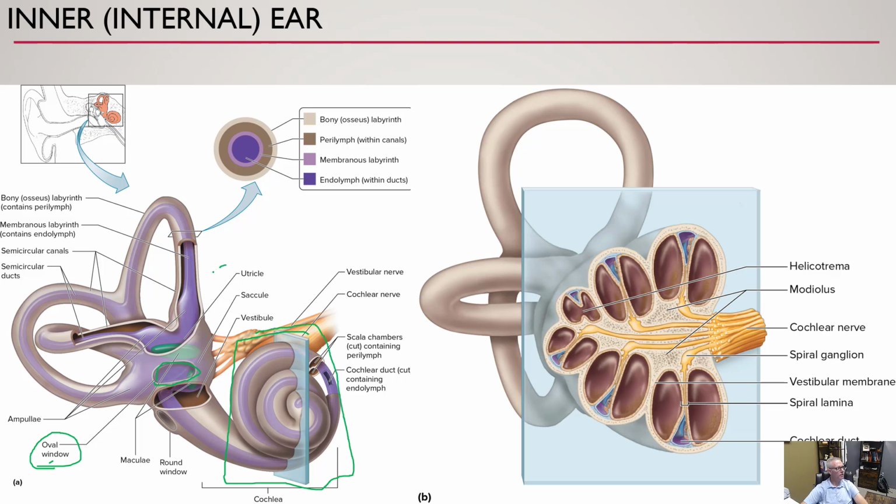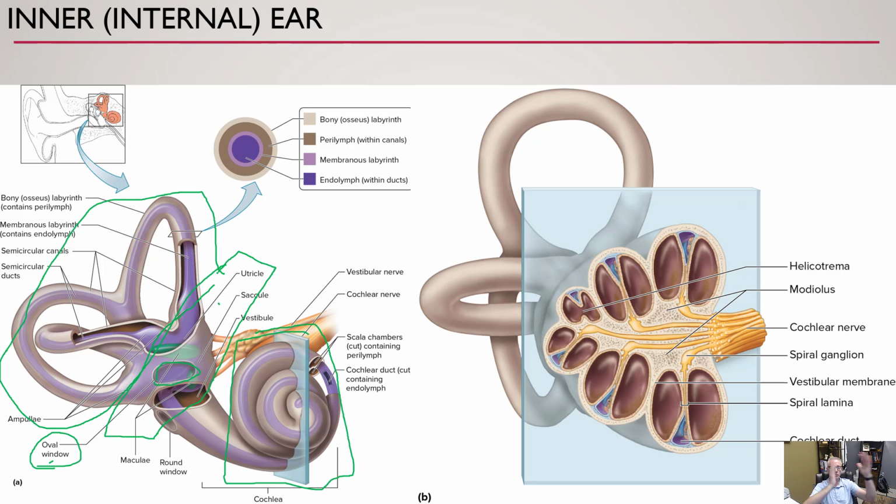Then we have these semicircular canals that are involved with dynamic equilibrium, which we'll talk about later. And then we have this section right here, which is the vestibule, which is involved with static equilibrium, which we'll talk about later.